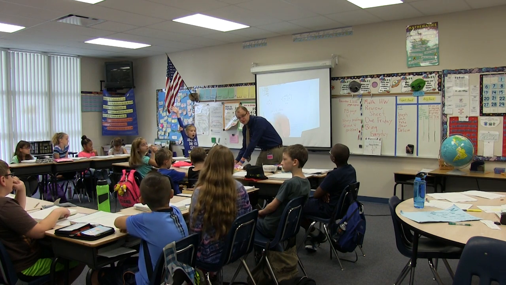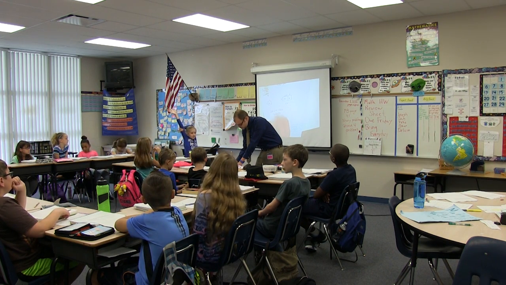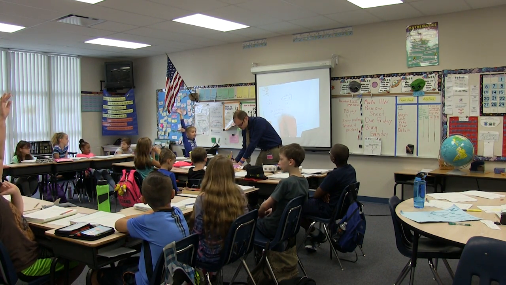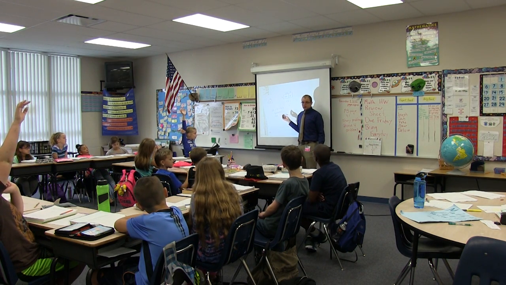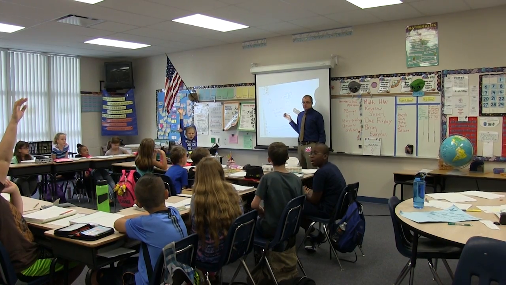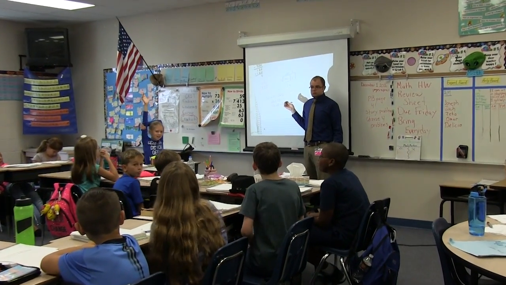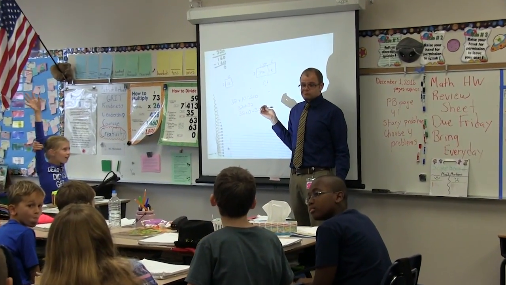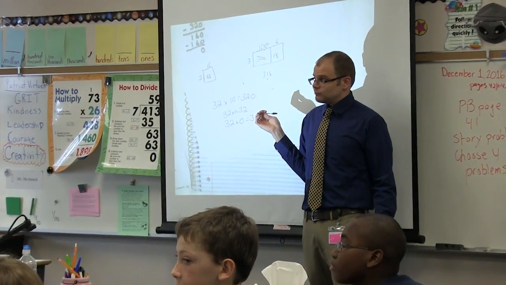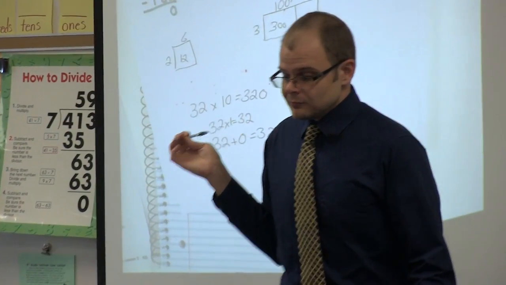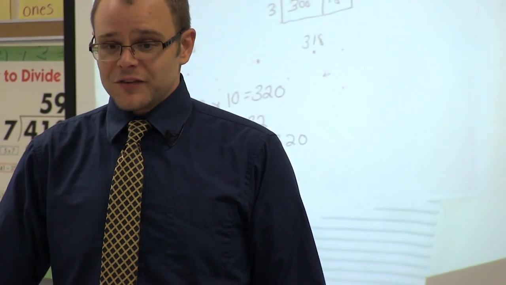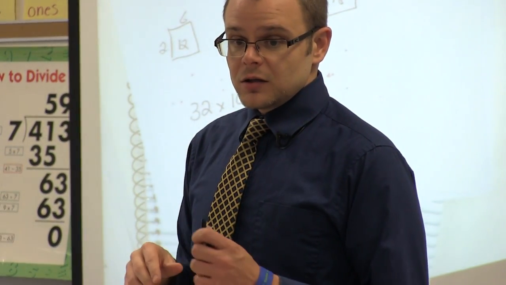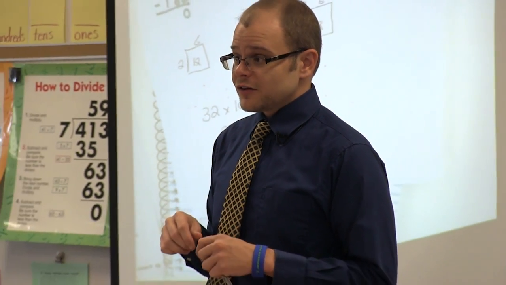Add a 0 to 32? 32 plus 0 equals 320. You would take away the 0 and then you would add it at the end. I did add it to the end of the 32. 32 plus 0 is 320. Okay. Agree? Disagree?